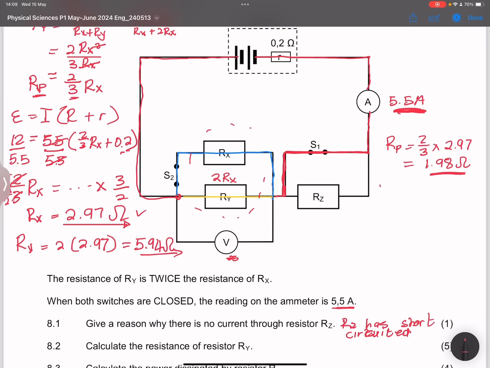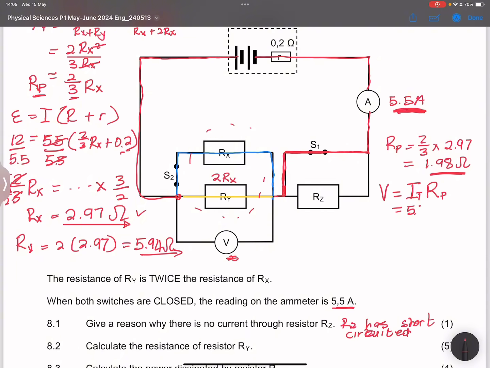So I can now say the voltage V is equal to I multiplied by R, that is I total multiplied by R parallel.